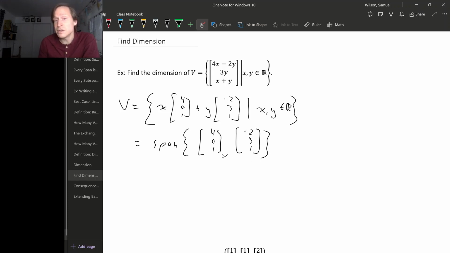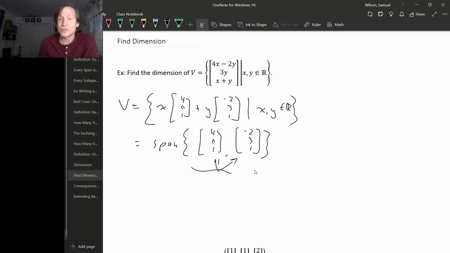So if these are linearly independent, then we must have a basis. But when you have only two vectors, they're linearly independent as long as one isn't a multiple of the other. But that's clearly the case for these two vectors. Neither is a scalar multiple of the other.